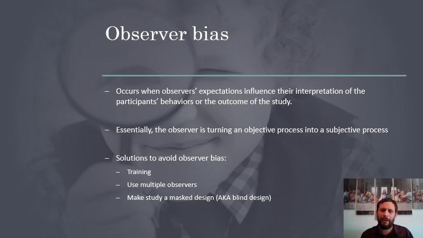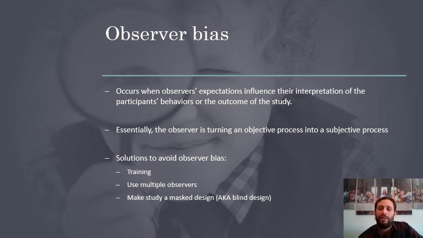So let's first talk about observer bias. Observer bias occurs when observers' expectations influence their interpretation of the participants' behaviors or the outcome of the study. So essentially, this is when the observer is turning an objective process into a subjective process.